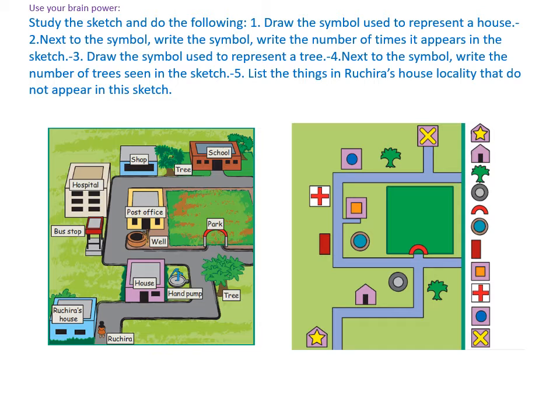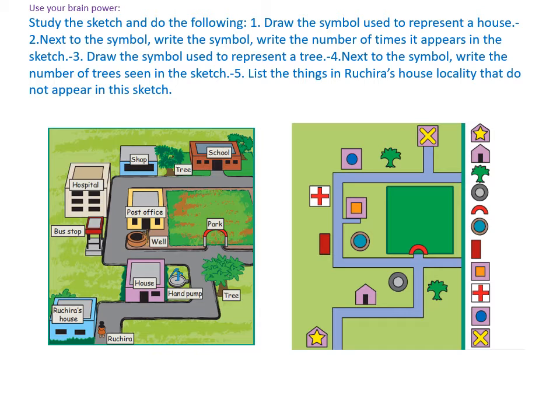Now this circle, we cannot see any symbol of this kind over here. This circle could be a picture of a well, so you can just put a dash and put the number 1. Now this semicircle is a symbol of a park, so this is also there.